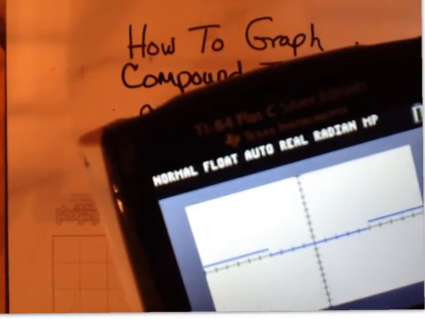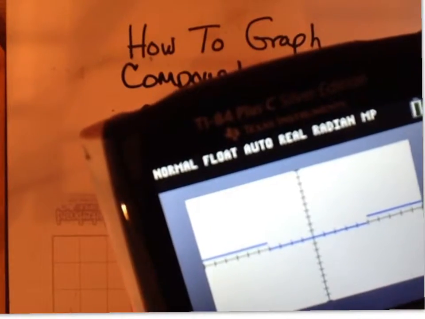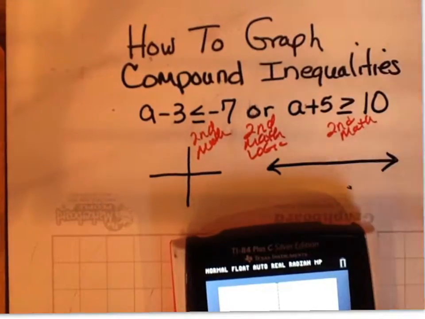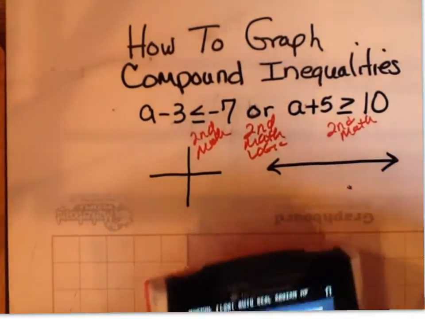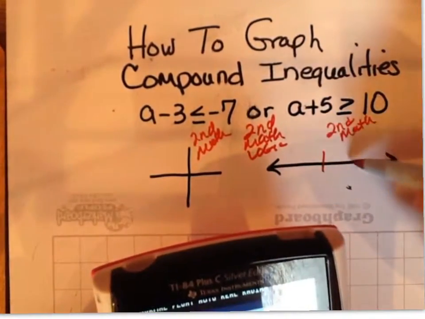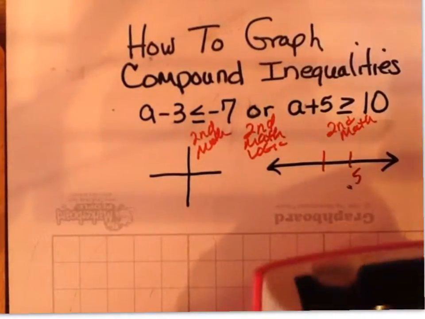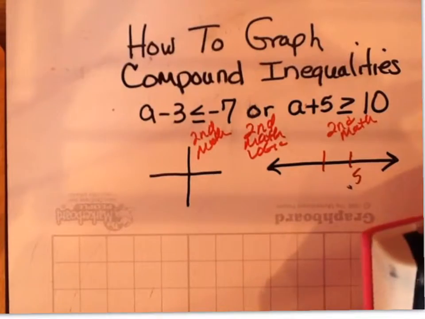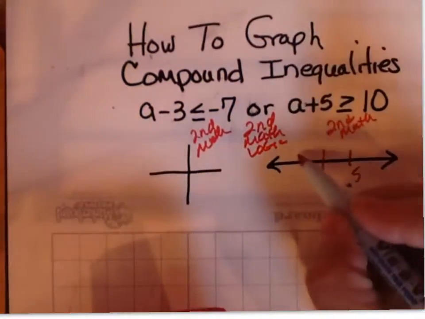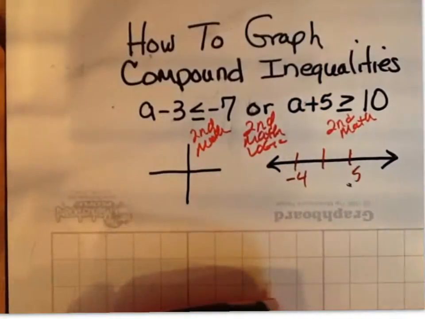So your shaded area is the part, the blue line above the number. So if I count over here, and I count my tick marks over, I'm going to be going over to +5. That is this tick mark over here, and the other one I'm going to be going over to -4. That's my tick mark over there, -4.